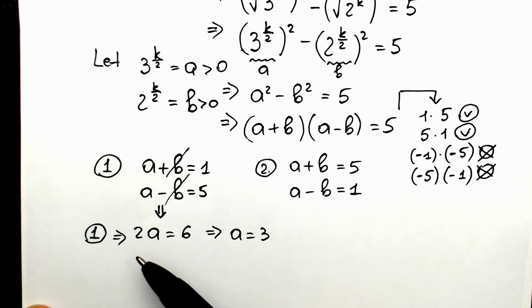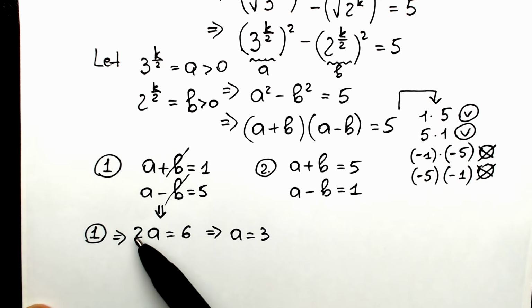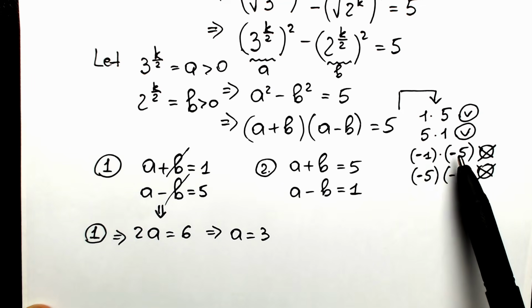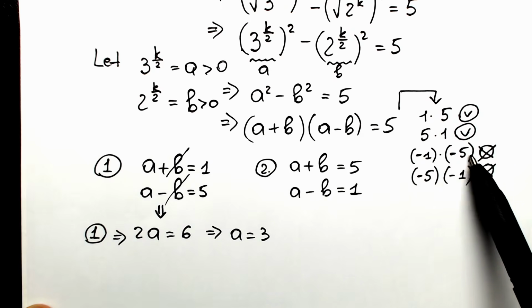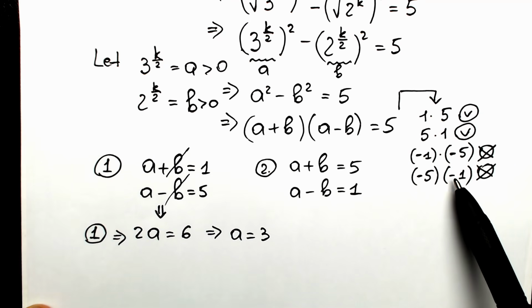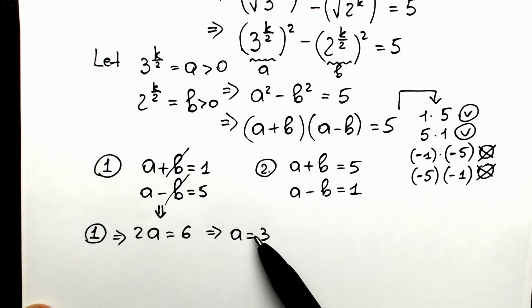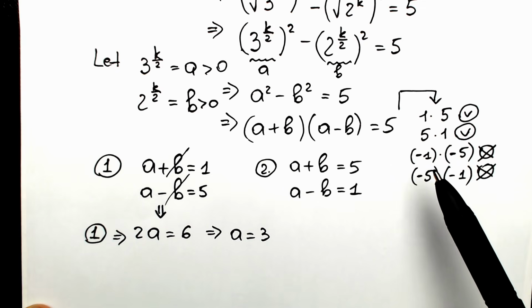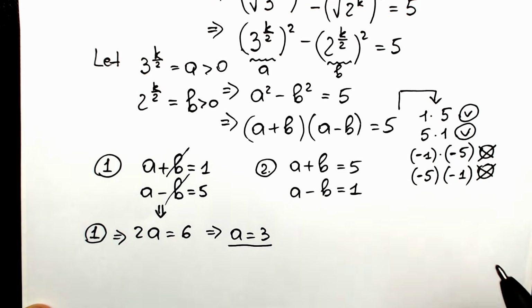When we add minus 1 plus minus 5, we have minus 6, so 2a equal to minus 6 and a is equal to minus 3. Likewise with minus 5 plus minus 1, we have the same minus 6. So that's why we reject these negative values. But in this case, we're happy that we have a equal to 3 as a positive value.